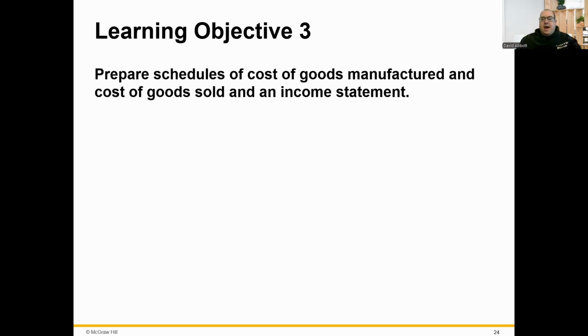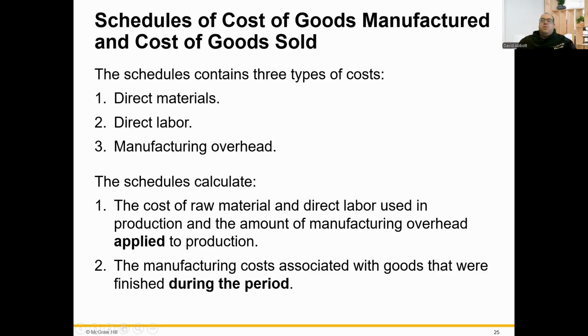Now we're going to look at preparing the schedule of cost of goods manufactured and of cost of goods sold and an income statement. The schedules of cost of goods manufactured and of cost of goods sold contain three different types of costs: the costs for direct materials, direct labor, and manufacturing overhead.